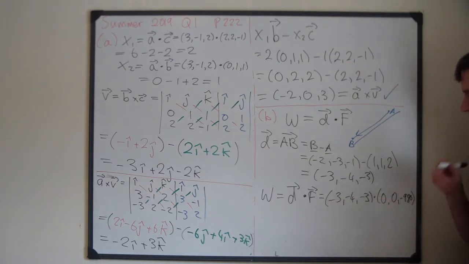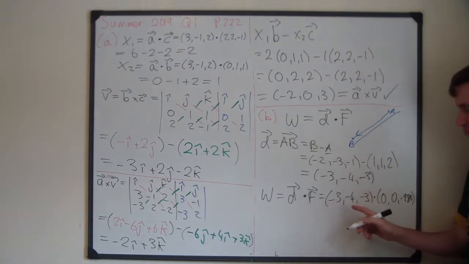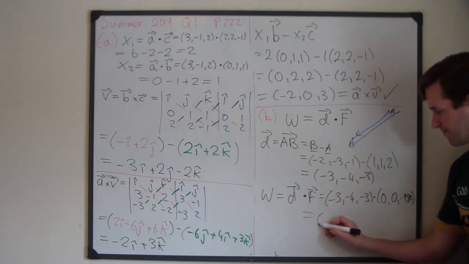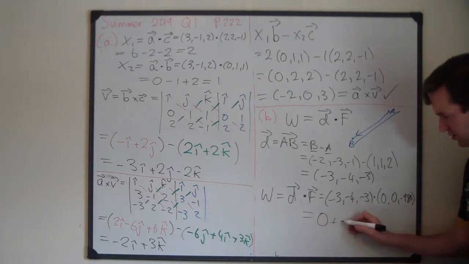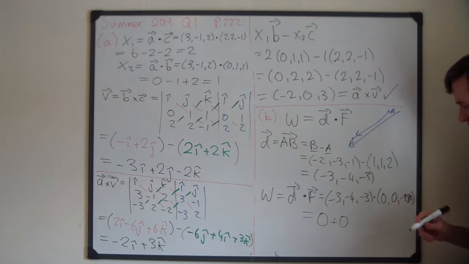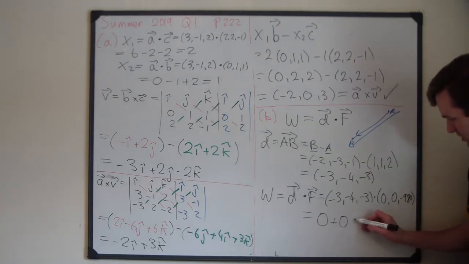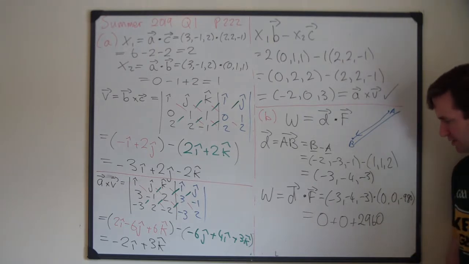And then -3 by 0 is 0, plus -4 by 0 is 0, plus -3 by -980, which I really should be able to find. I think it's 2,940. Yeah, that sounds good.